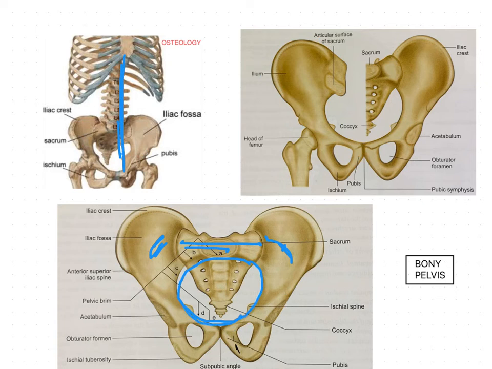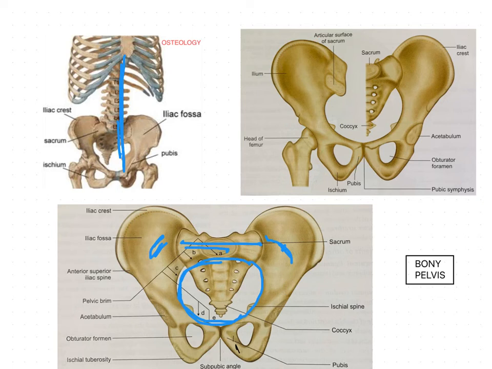This one separates the greater pelvis and the lesser pelvis. Below this inlet, you have the lesser pelvis. Now if you look at the margins of this inlet, we can see how this inlet is formed.